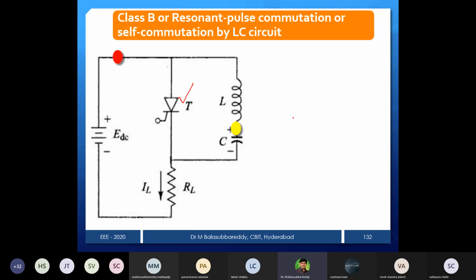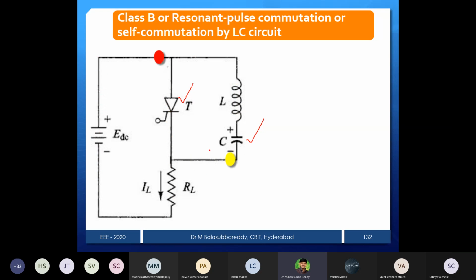Then you can see that one current is the load current passing through the source, T and RL, which is of fixed constant magnitude, and the other current, because the capacitor is already charged, is passing through the loop, that is an LC circuit.